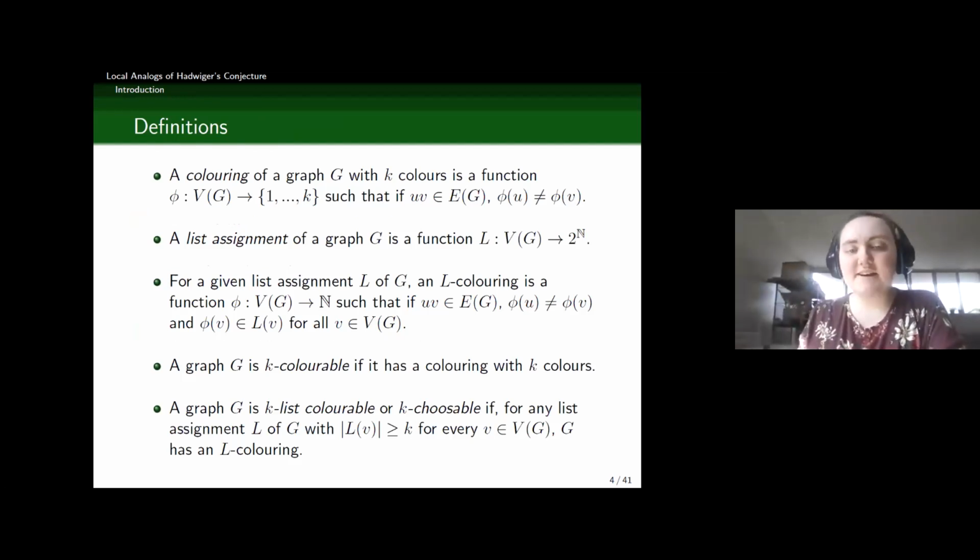A graph is said to be k-colorable if it has a coloring where every vertex's list is the colors 1 to k, and a graph G is k-list colorable if for any list assignment L such that every list has at least k colors, G has an L-coloring.